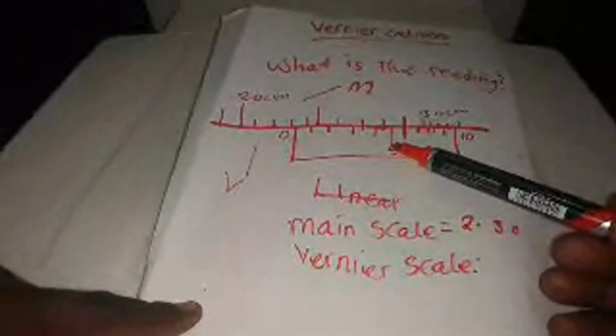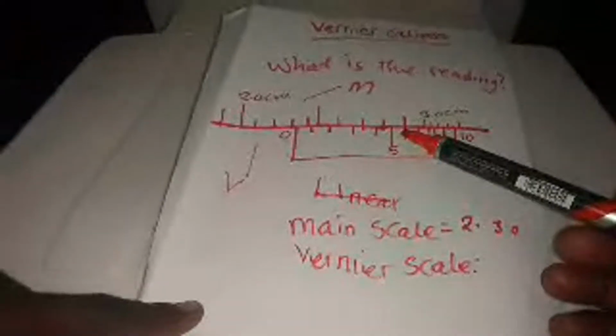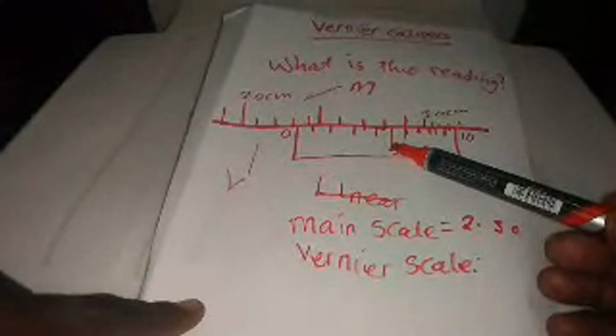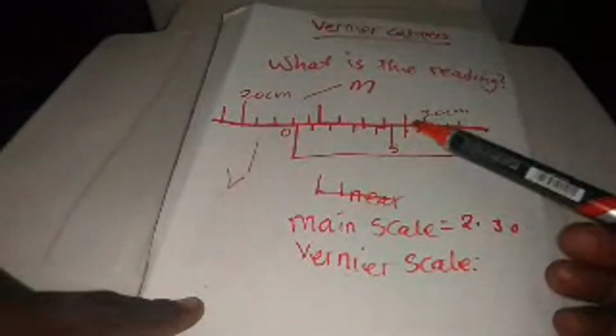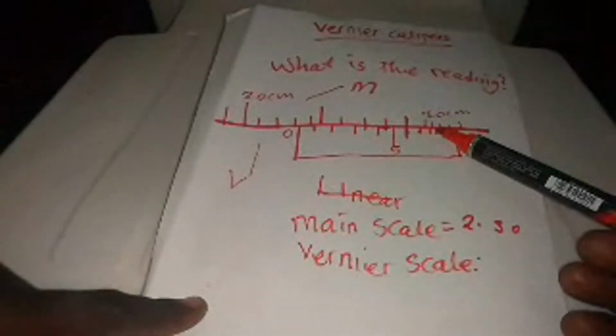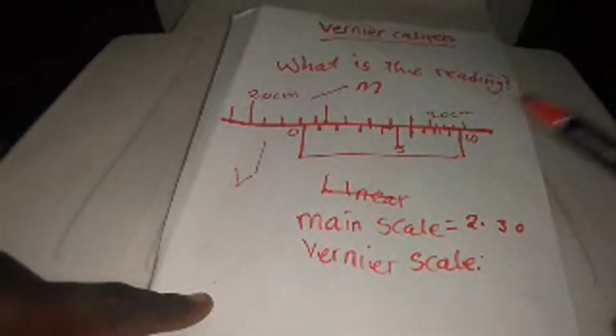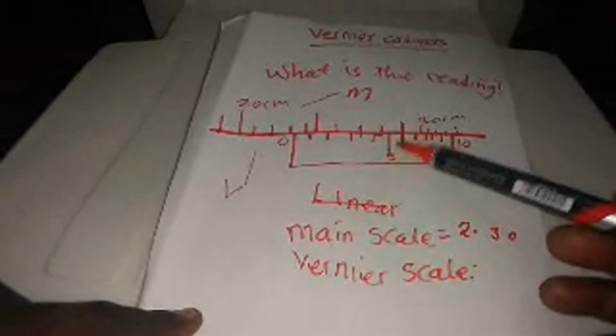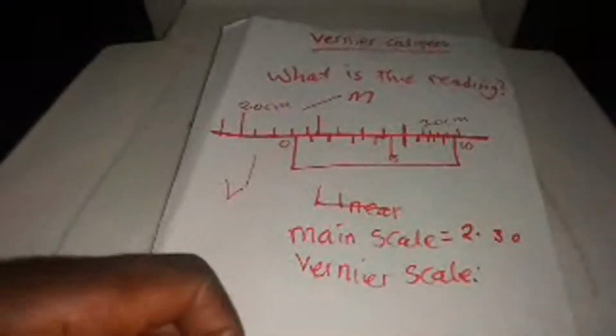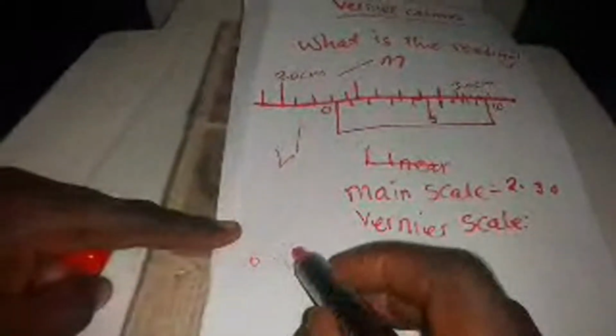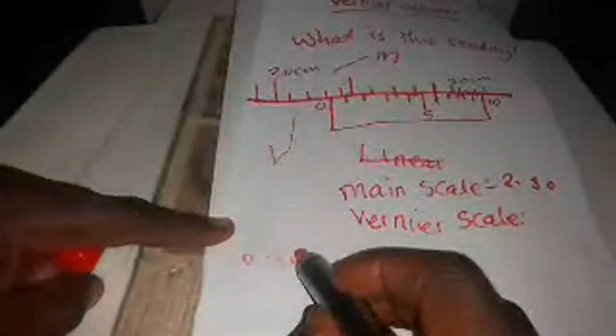For example, this one, you just count like this: 5, 6, 7, 8, 9, 10. So this one is 6. You multiply 6 by 0.01.